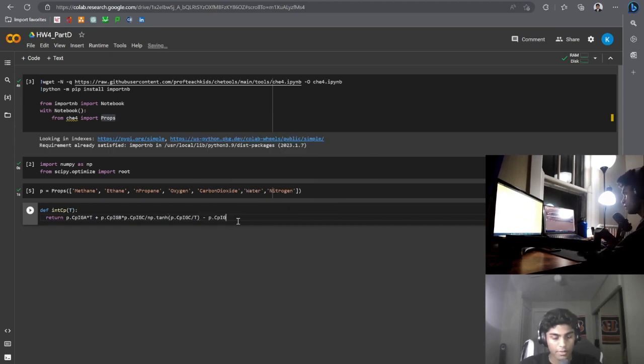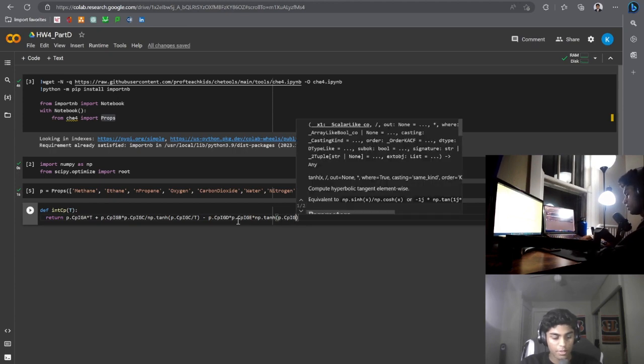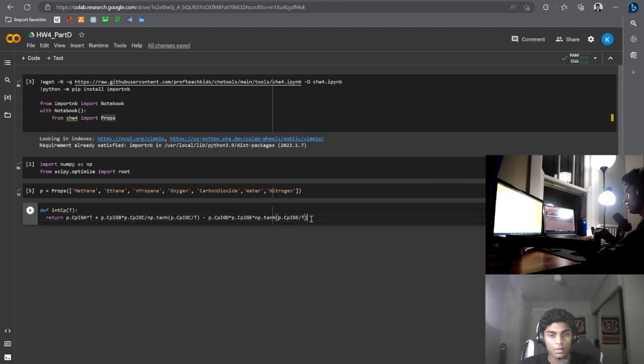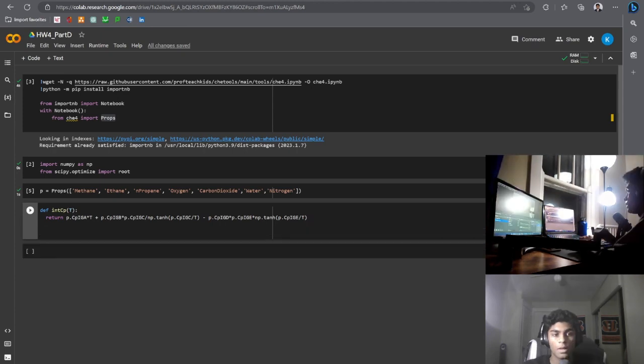And then minus CP IGD times CP IGE times np dot tanh of CP IGE over T. And that should do it for the integral of our specific heat.